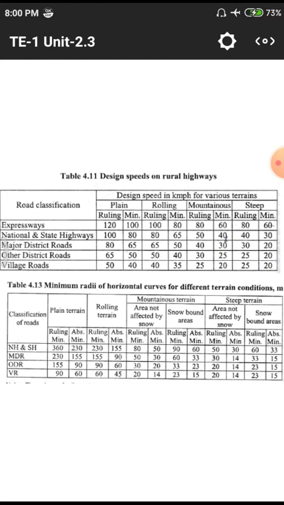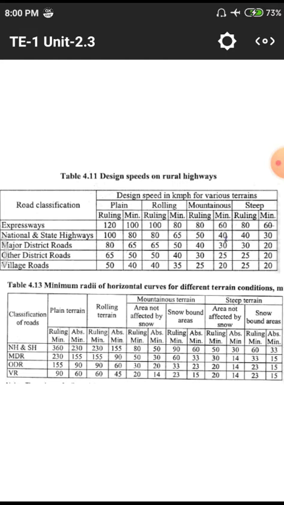We need to have a better idea while observing those pictures in the last slides. If we kept the slides in between these values, we would simply be confused about rolling terrain, plain terrain, minimum radius, maximum radius. So I kept those diagrams at the end of the session, because at the end we can clarify what the radius of the curve is in plain terrain, rolling terrain, steep terrains and mountainous terrains, and which kind is applicable.